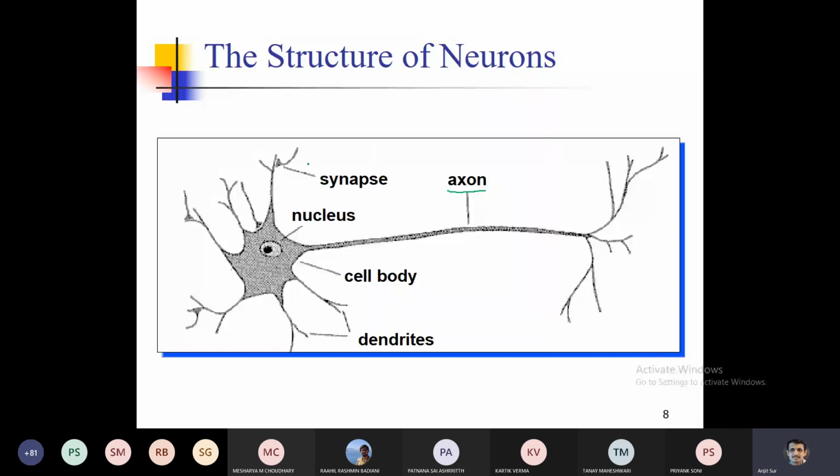Another thing is the synapse, which is basically the interconnection between two neurons. It is a very simple architecture, but there is a massive number of interconnections and parallelism going on.